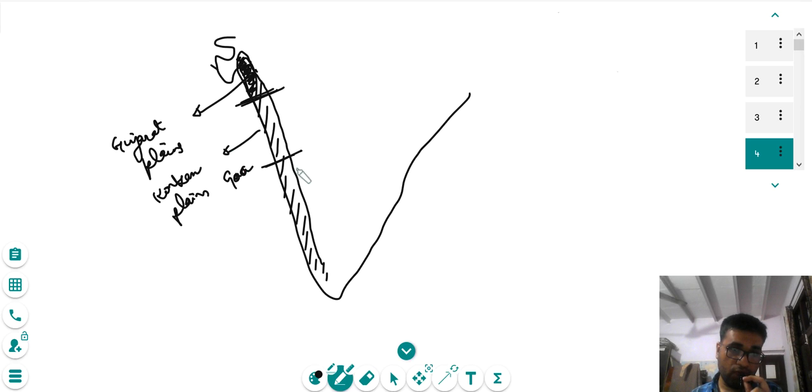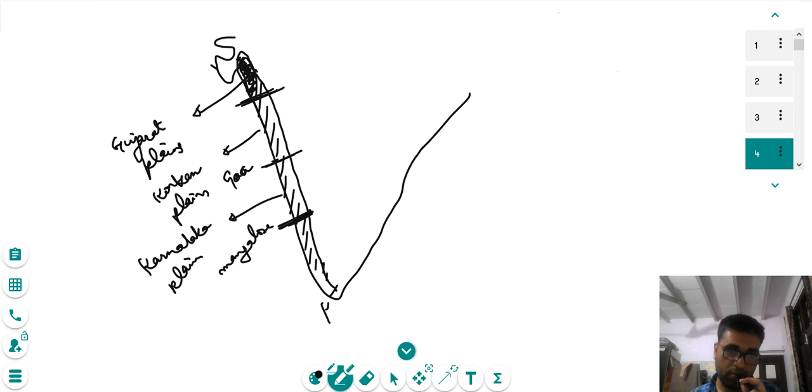From Goa up to Mangalore, you have the Karnataka plains, and from Mangalore to Kanyakumari, this is Kanyakumari, you have the Malabar plains.